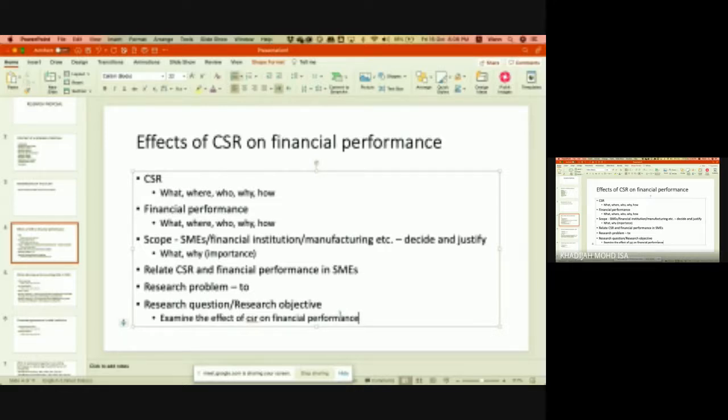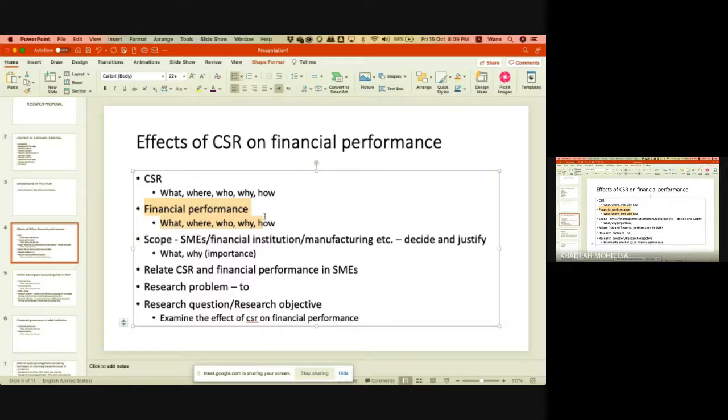Where would the data come from? You're talking about financial performance. I mentioned just now, you have to identify what you mean by financial performance. How do you measure financial performance? And therefore, you should know where we can get the information about financial performance.